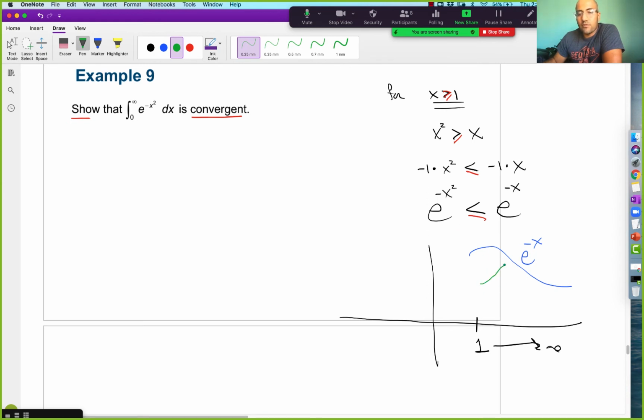So I'm just drawing something. It doesn't really matter what it looks like. It might look like this. It might be that it equals it in a couple of spots, but other than that, it's always smaller. E to the minus x squared. Good. And they're both always positive. Right? That's also important to note.